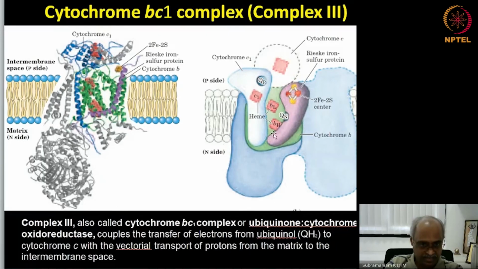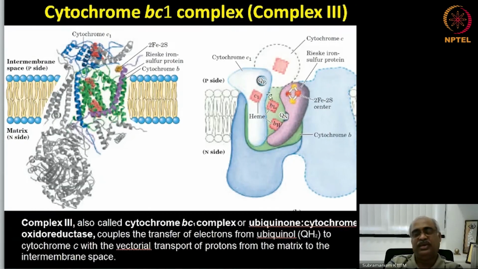And within this, you have these cytochrome C1's heme moieties, 3 heme moieties shown here. And this is the iron sulfur center of the Rieske iron protein. So these are the ones that are involved in the electron flow.